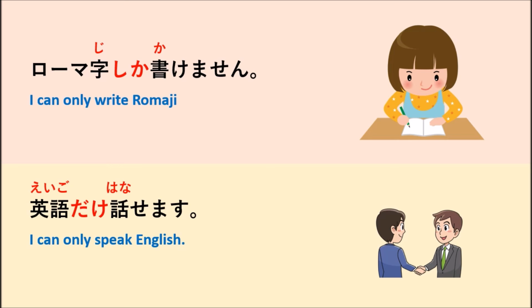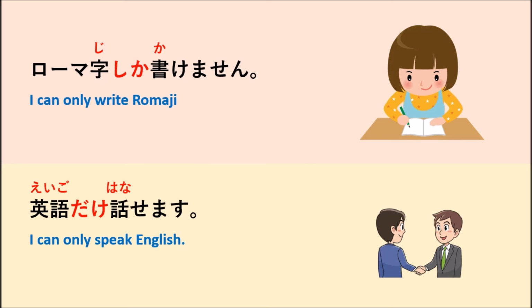If you say eigo shika hanasemasen, that means you can only speak English, but at the same time, maybe you can speak a little bit of German or a little bit of Japanese if you use shika.